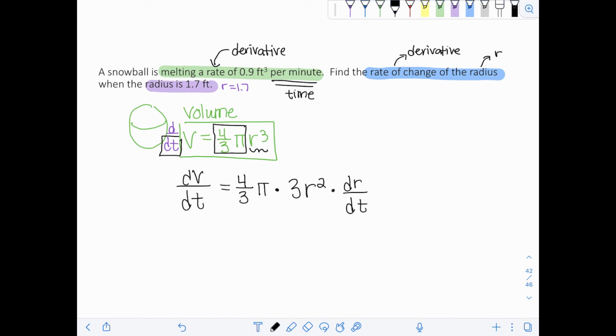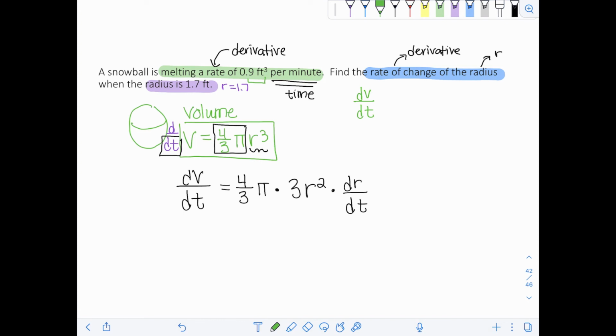And I guess I didn't label all the values like I had before, so I'm going to go ahead and pause right now and do that. So we had the part in green there, it says that was the melting rate. That's actually going to be dv dt. And so the melting rate, I can look at the units to help me out with that. So if it's cubed, it's telling me it's dealing with a volume.